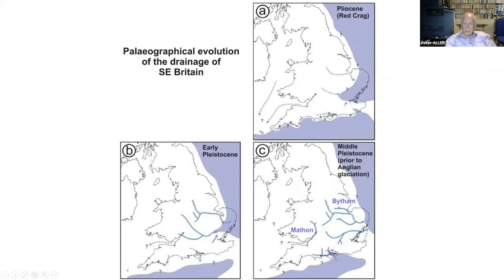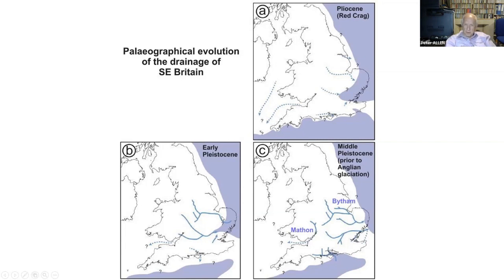So that was a very early Pleistocene, or late Pliocene. And then as we come into the early Pleistocene, you can see that the Red Crag Sea is beginning to retreat, so it's not going as far west as it was.